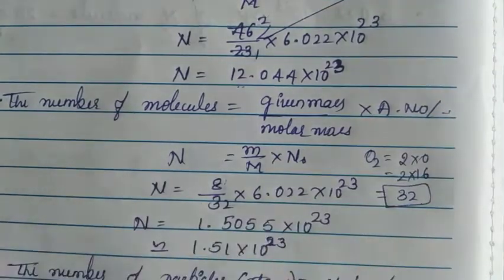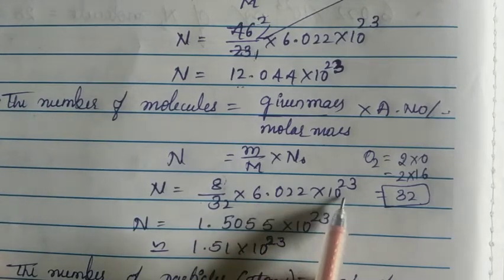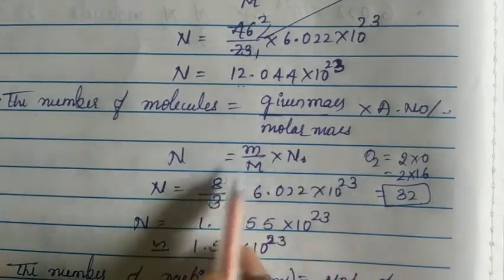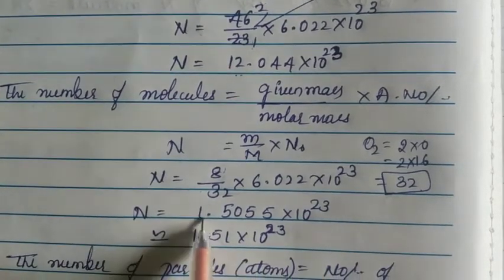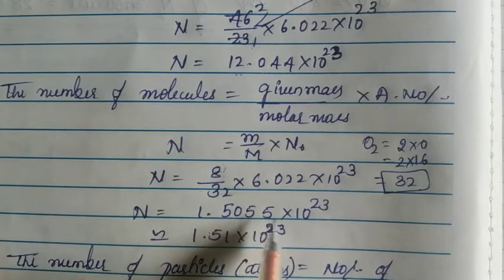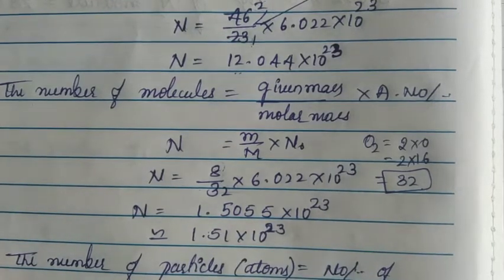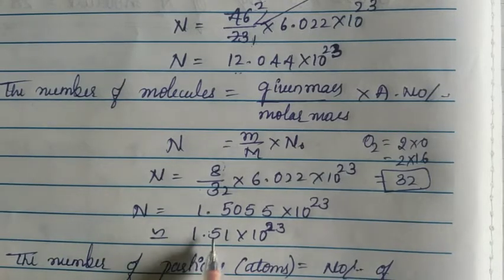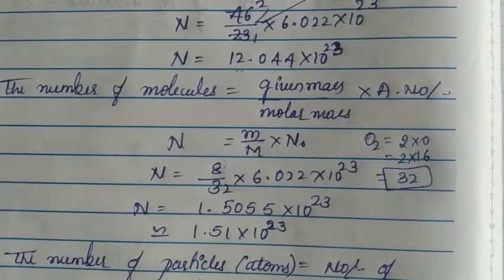Now substitute here, 8 by 32 into 6.022 into 10 to the power of 23, and multiply. It gives 1.5055 into 10 to the power of 23, and this is nearest to 1.51 into 10 to the power of 23 particles.